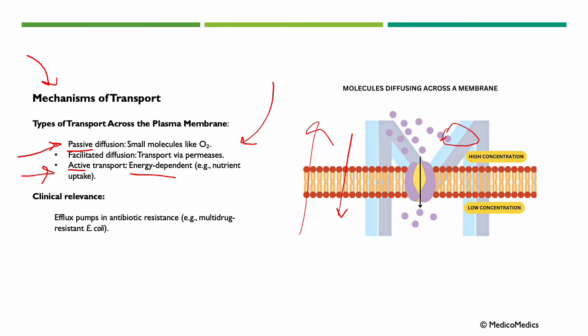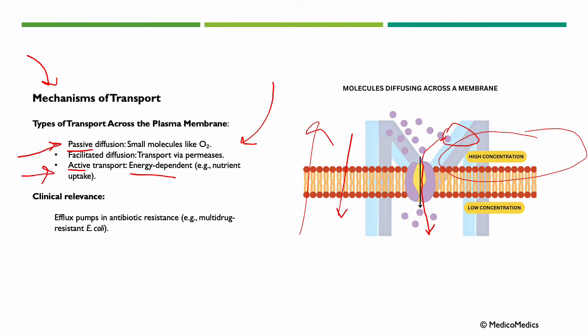And it's driven mainly by concentration gradients, for example, from high concentration to low concentration. It's important for bacteria because it allows them to efficiently take up small molecules like oxygen and CO2 without expending energy. And this is critical for survival.